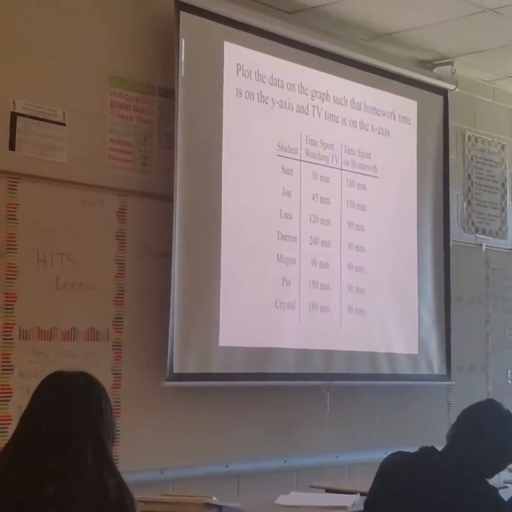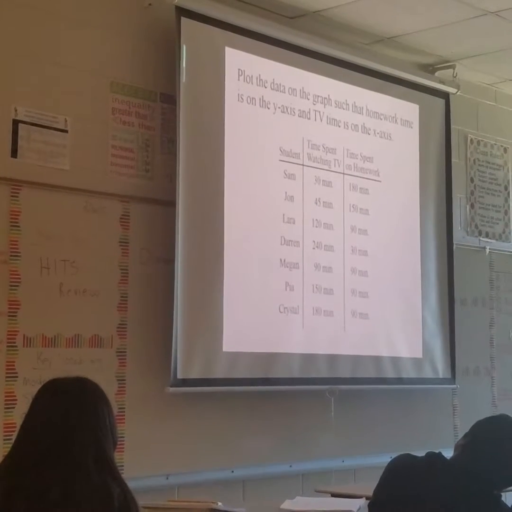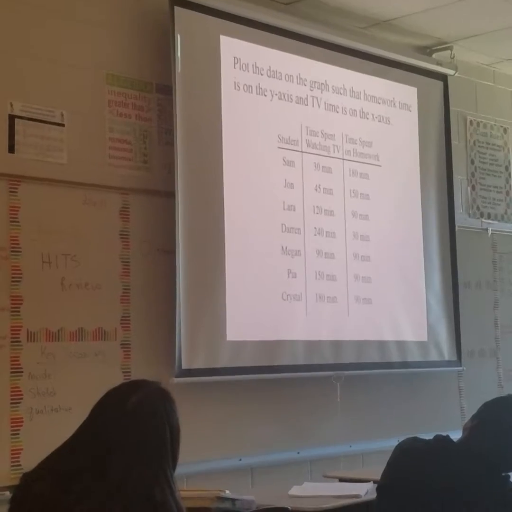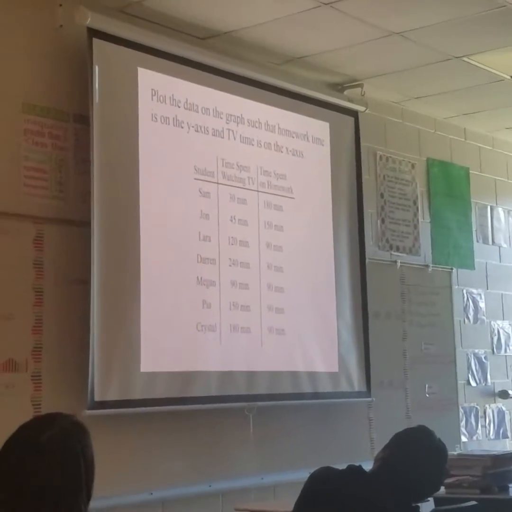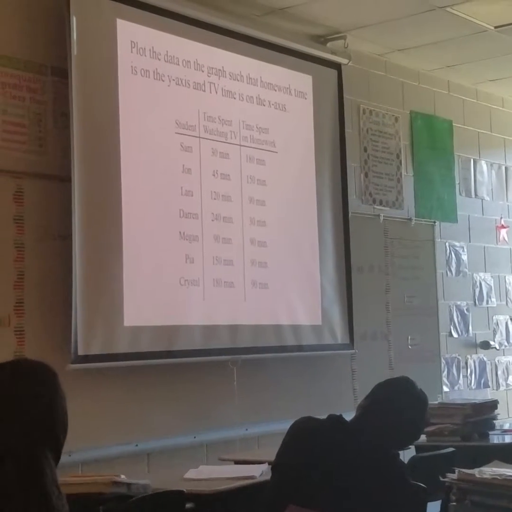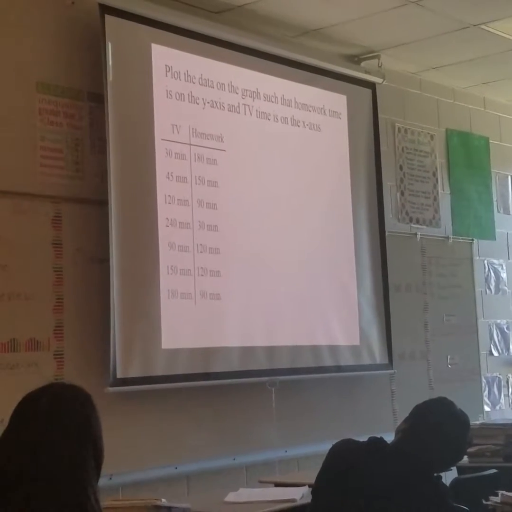Okay, so here we're gonna plot the data on the graph, with homework time on the y-axis and TV time on the x-axis. So we're comparing these students on this table here, their time spent watching TV versus their time spent on homework.